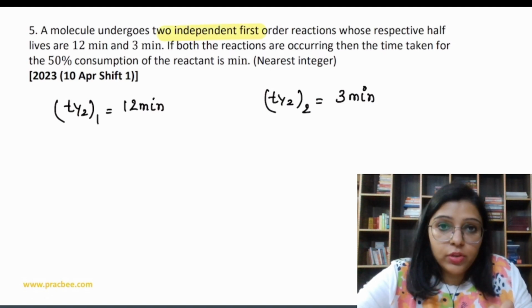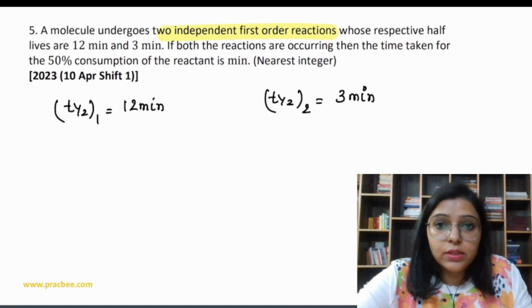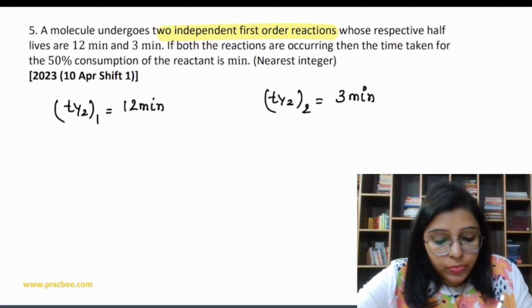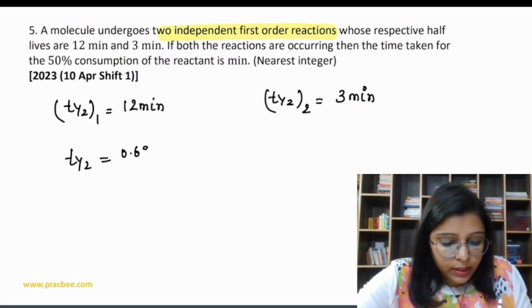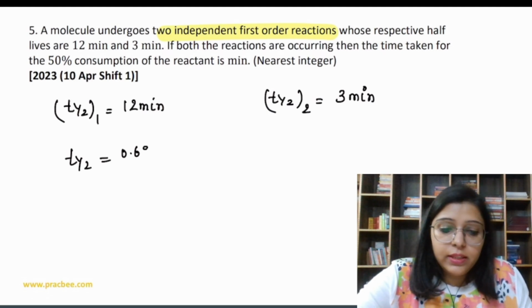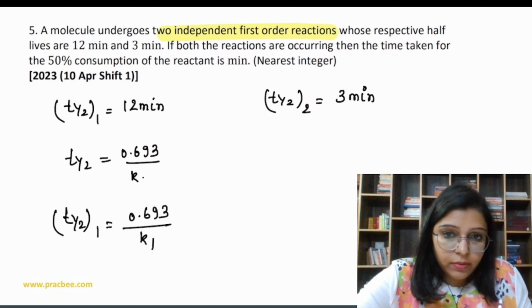So how to solve this question? The question says if both the reactions are occurring, then the time taken for 50% consumption of the reactant in minutes is. So look, we know that the T half formula is 0.693 upon K. So from here we can find out T half 1 is equal to 0.693 upon K1, that is ln2 upon K1.